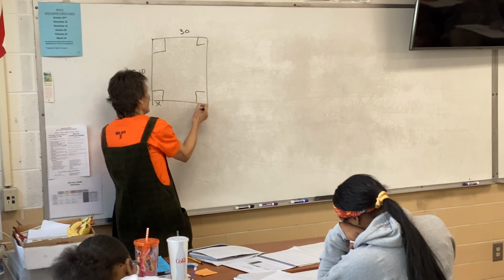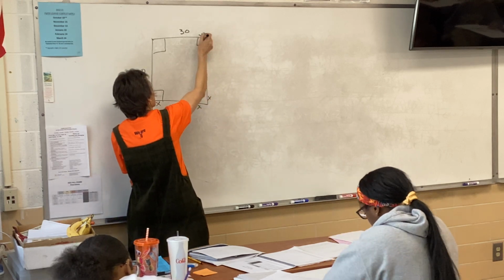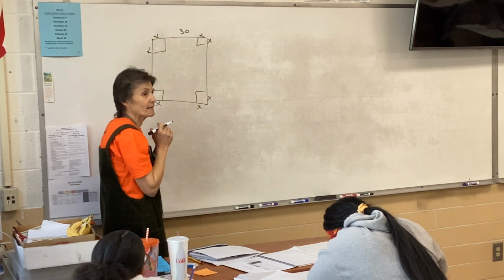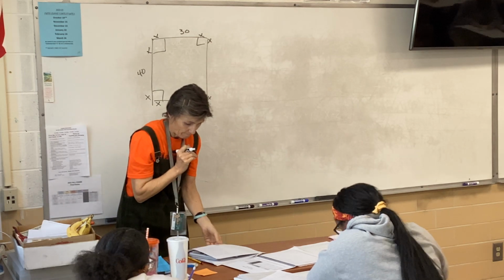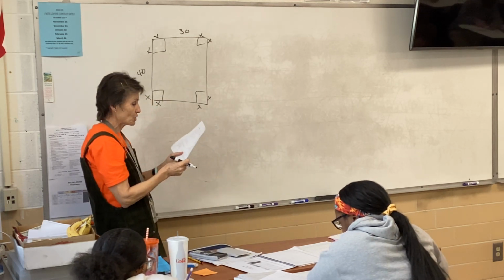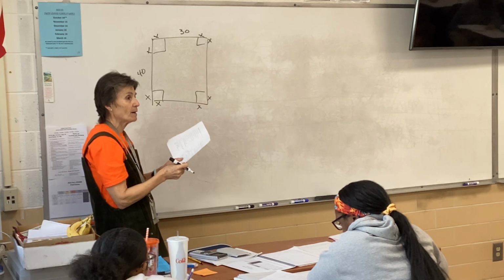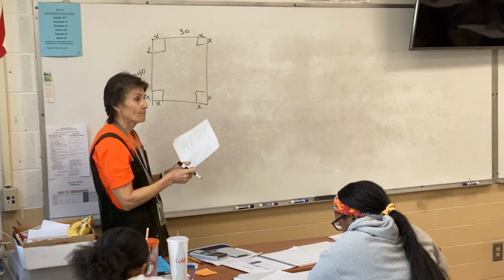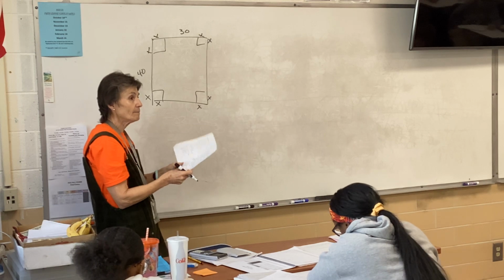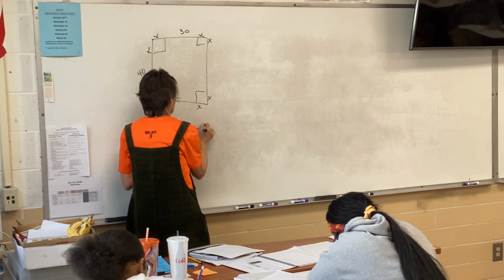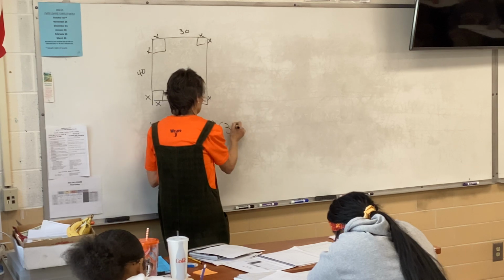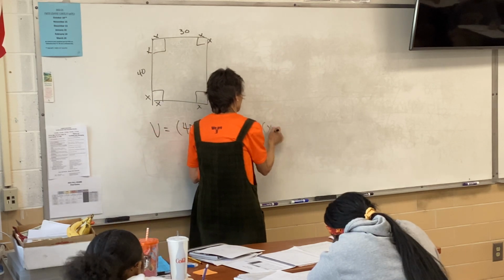The unknown is how big the corners are that we're cutting out. Write an equation for the volume of the box. Okay, Jake? 40 minus 2x times 30 minus 2x. And is it just like x or something?